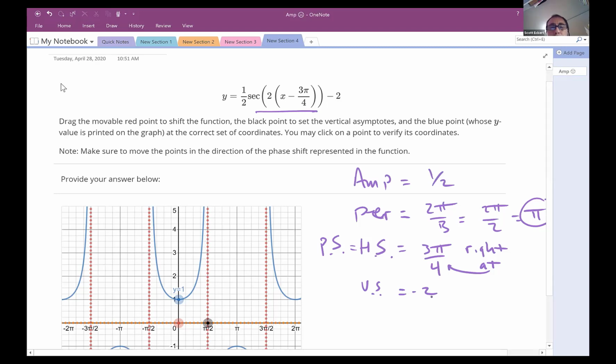Correct. If you've got this form here, y equals a secant of bx plus c plus d, in this form, bx plus c, we do not have the phase shift directly. Phase shift has to be negative c over b.